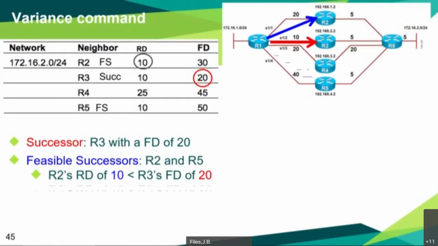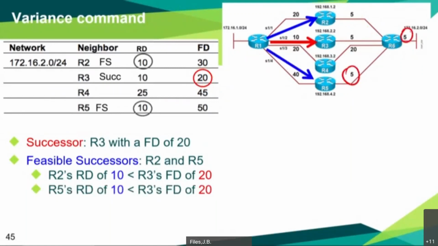Same thing with R5. It's got a reported distance of 10 and that's less than our feasible distance of 20, so we know it's not looping through us.